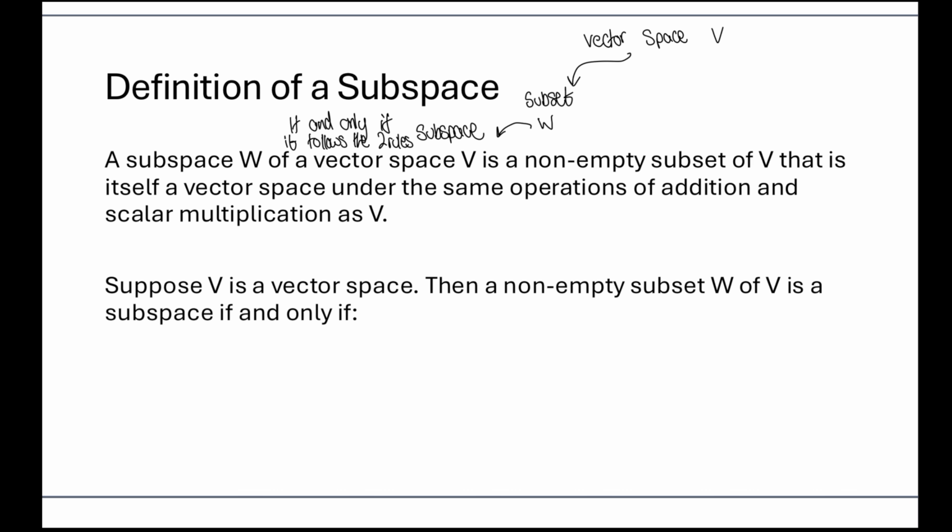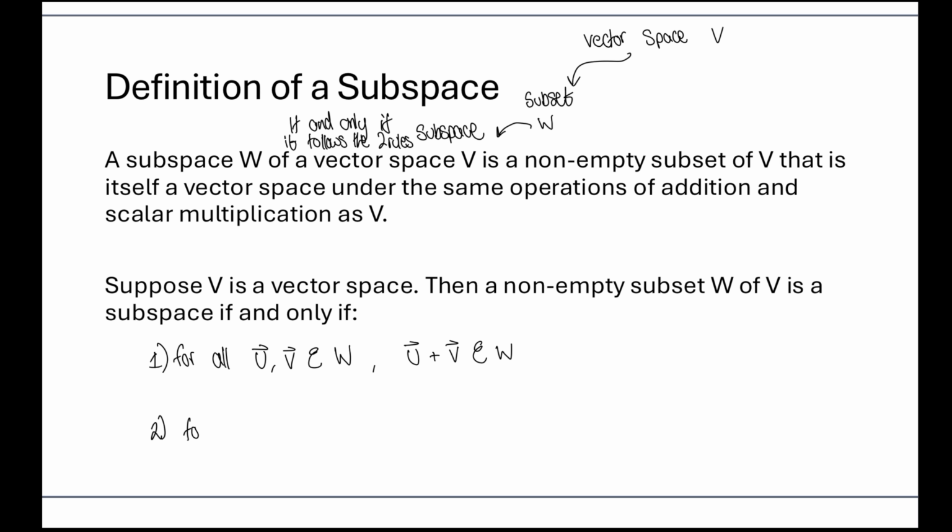So if V is a vector space, then a non-empty subset W of V is a subspace if and only if for all the vectors u and v which are in this subset W, when we do the vector u plus the vector v, this new vector is still in this subset W. So that's the first rule.